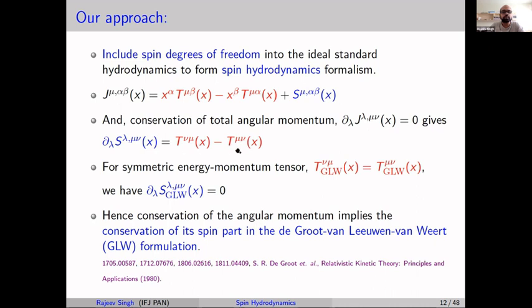But if you don't have an anti-symmetric part, like for example the GLW form of T mu nu, then spin is conserved separately. So actually this framework is based on the GLW form of the energy momentum tensor, where they found out that T mu nu is symmetric. They do not have any anti-symmetric part, and because of this, they have a spin conservation separately. Okay.